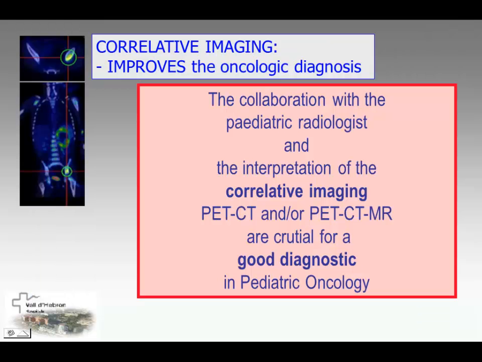Correlative imaging improves the oncologic diagnosis. And I think the collaboration with the pediatric radiologist and the interpretation of the correlative imaging are very important. PET-CT or PET-MR are crucial for a good diagnosis in pediatric oncology. And that's all. Thank you very much.